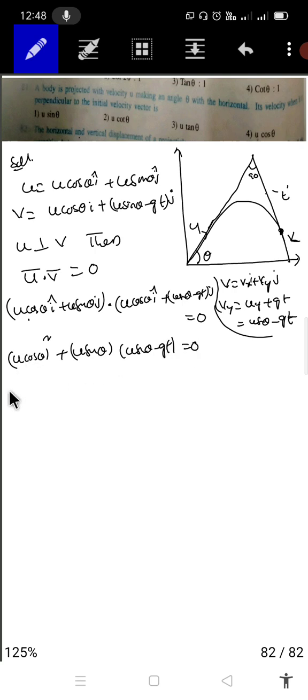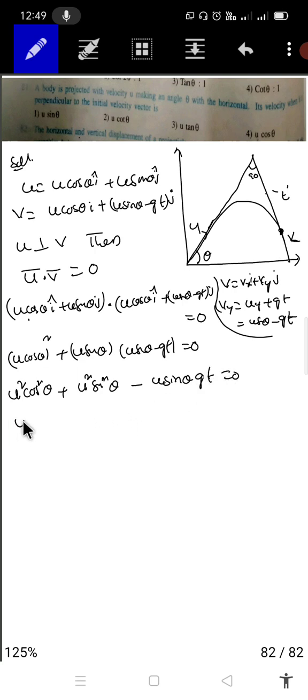So this becomes u square cos square theta plus u square sin square theta minus u sin theta gt, equals 0.